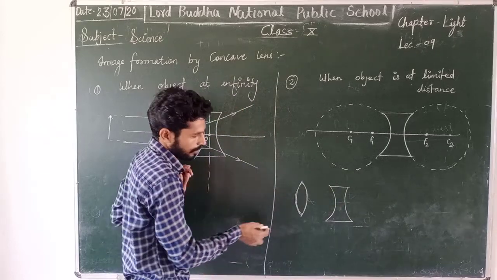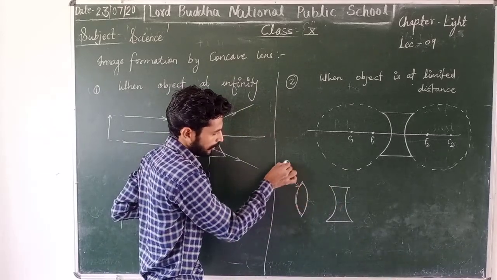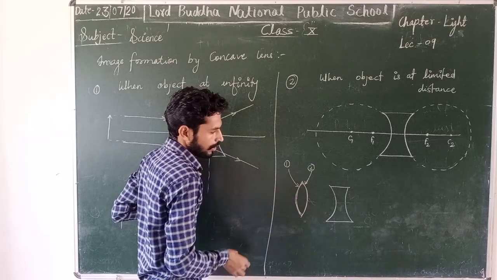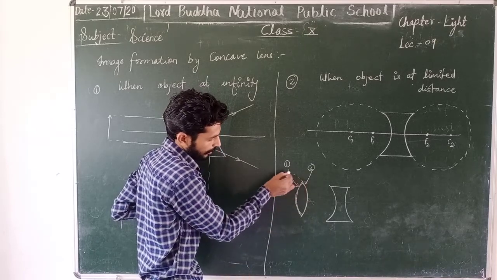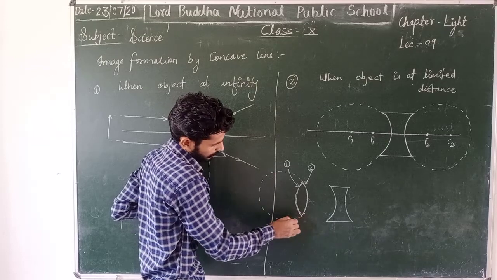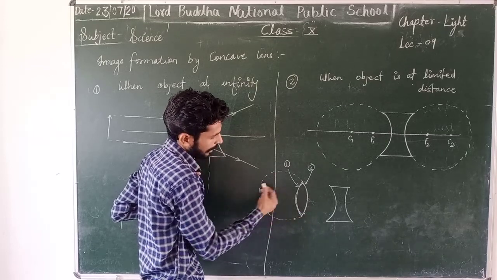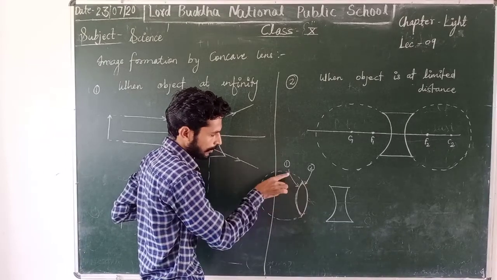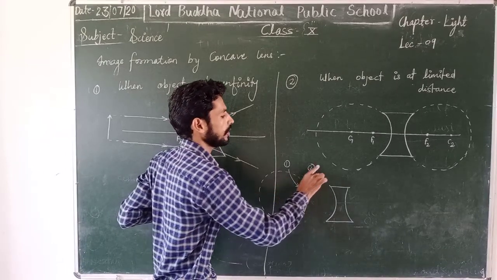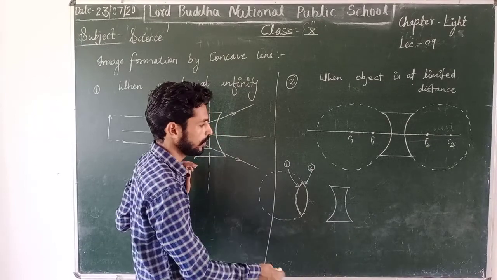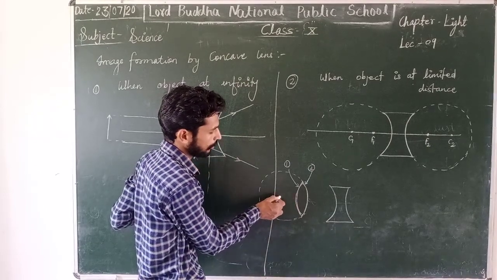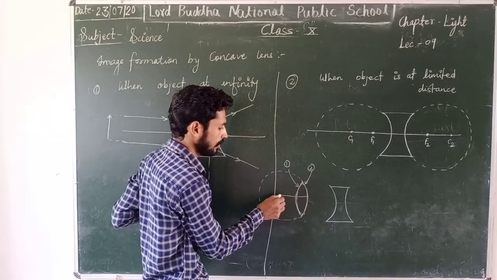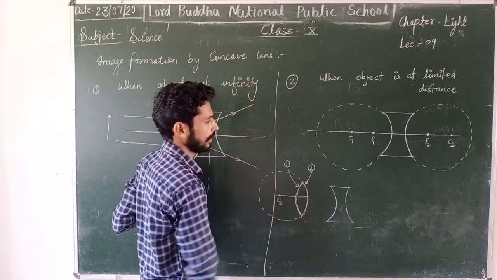When this is surface number first for the convex lens and this is surface number second, the circle for the second surface we can make on the left side, but for the first surface the circle will form on the right side. So the center of curvature is on the left side of the lens for the second surface, so we write C2 on the left side of the lens.